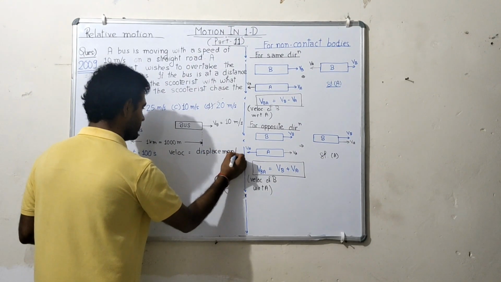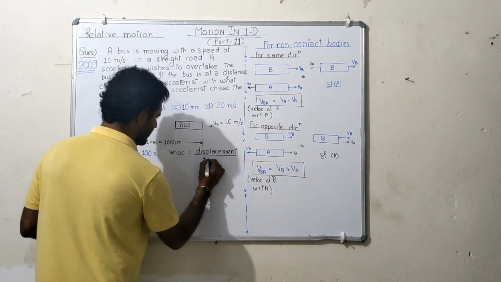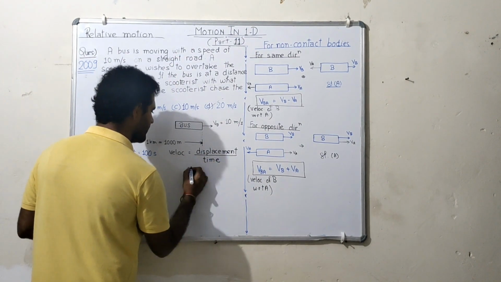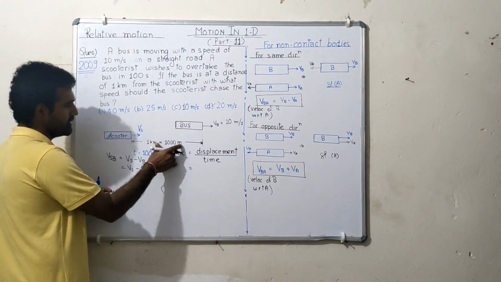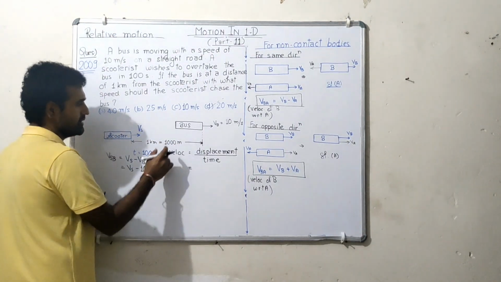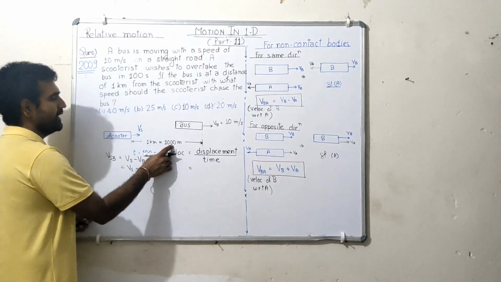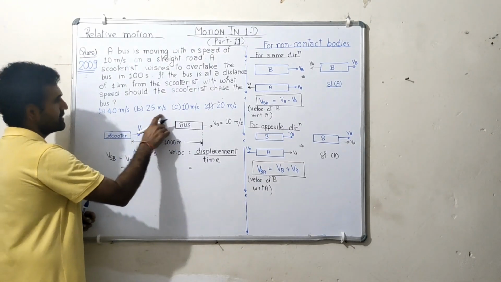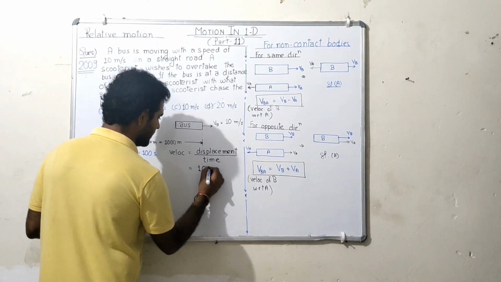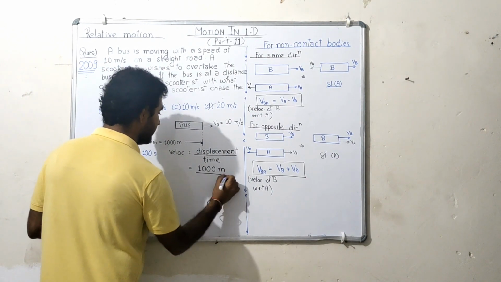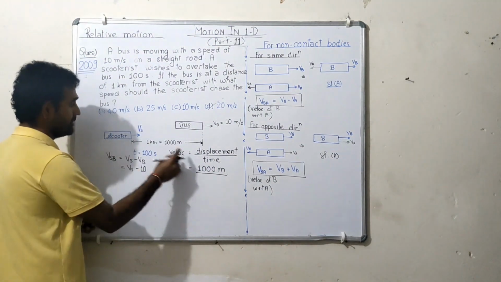Now what is the displacement? The scooter has to cover a distance of 1 kilometer, that is equal to 1000 meters. We will take it in meters because all the answer options are in meter per second. So here we will take 1000 meters upon the time. Time is 100 seconds.